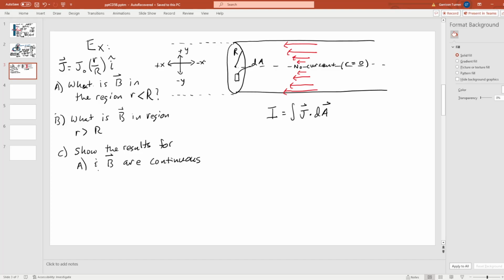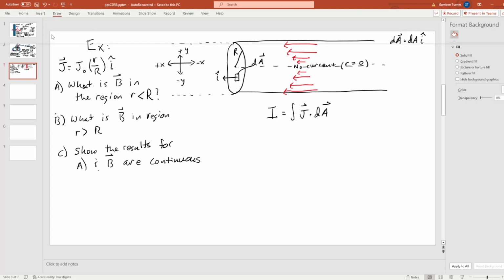Okay, so recognize that dA, a small section of my surface area, dA, is going to be pointing in the I direction as well. Okay, so in this case, dA is equal to magnitude dA times I hat.